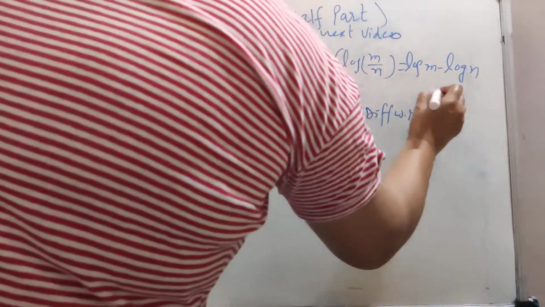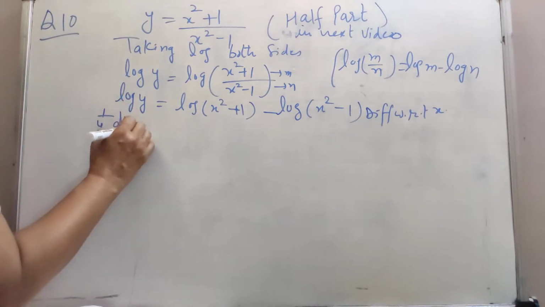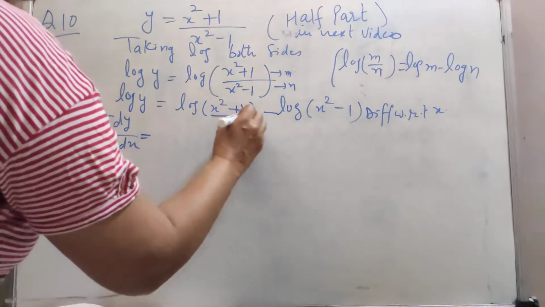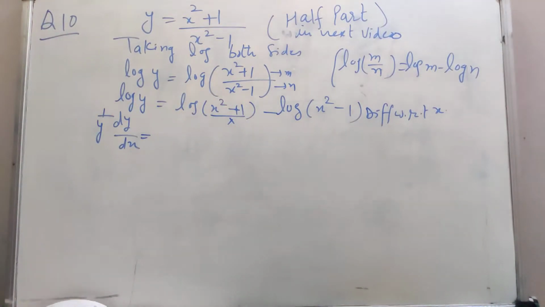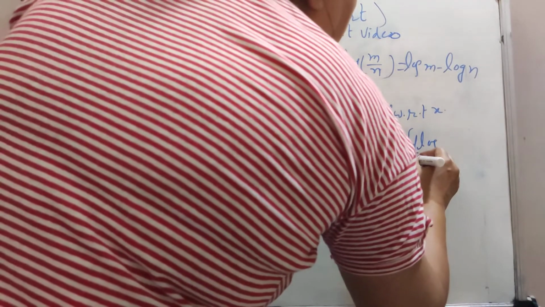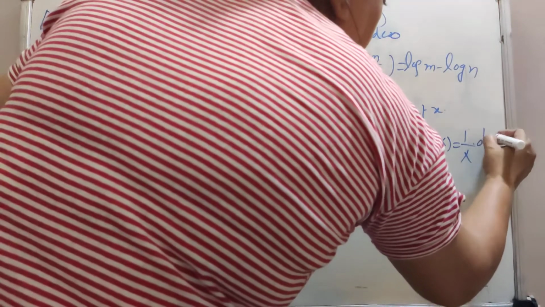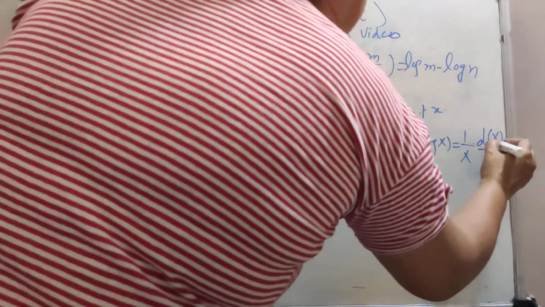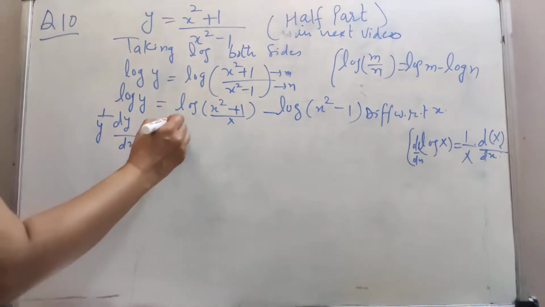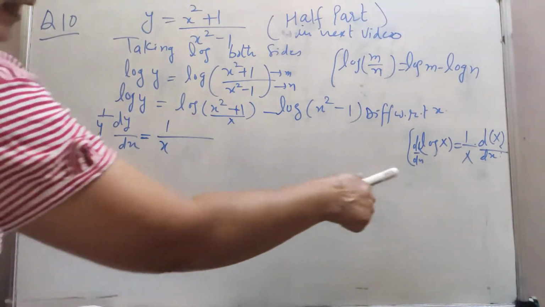with respect to x. So left hand side, this is 1 upon y dy upon dx. Now chain rule will apply here. This will become log capital X. So what is the derivative of log capital X? This is 1 over X into derivative of capital X with respect to x.